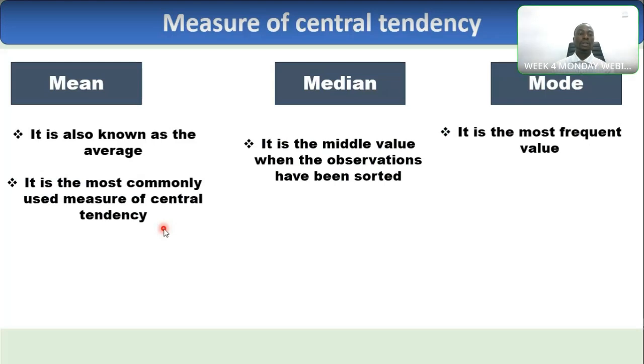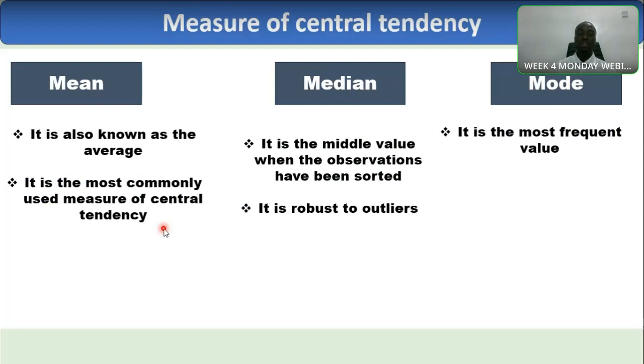Mean is commonly used, and median is robust to outliers. I spoke about outliers in our data cleaning seminar, where we said that when we are cleaning our data, one of those things we want to check is outliers, because outliers can impact our conclusion.